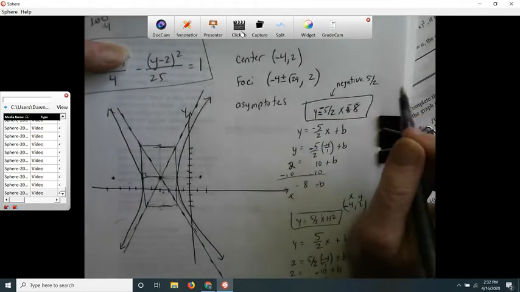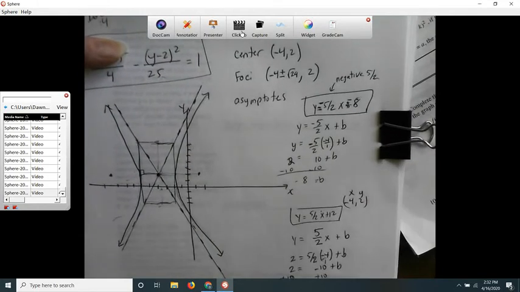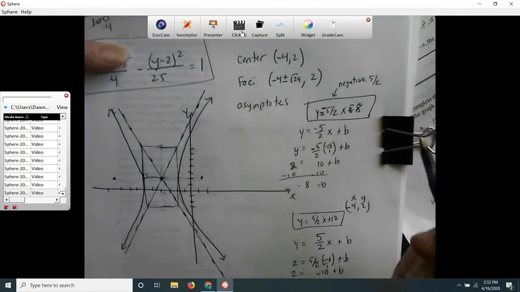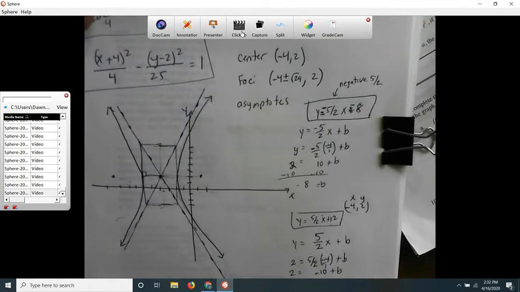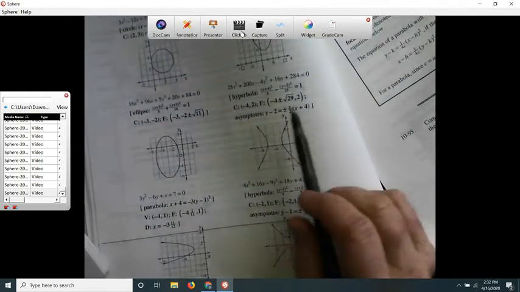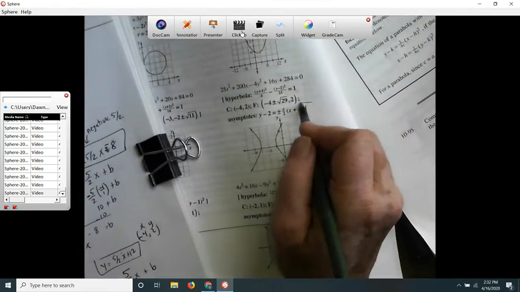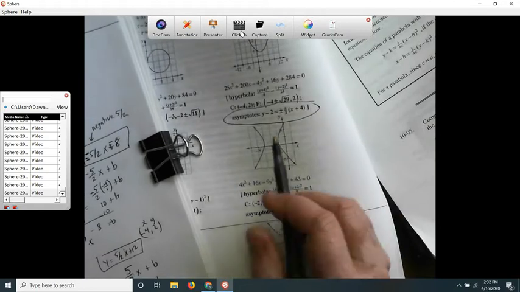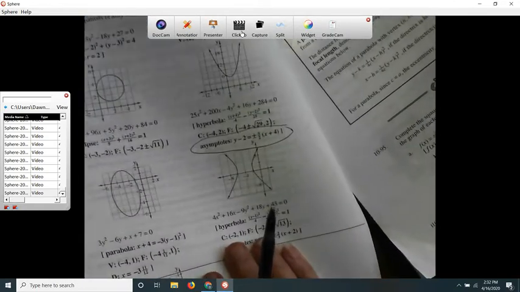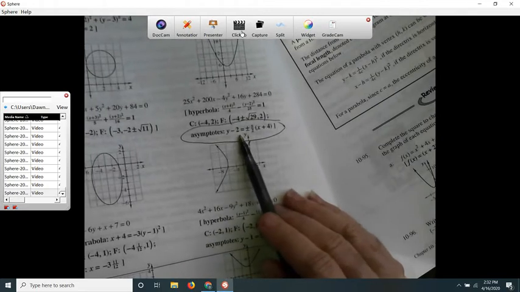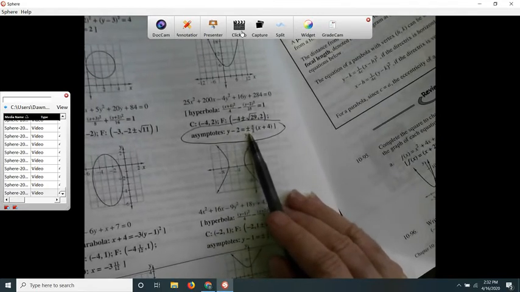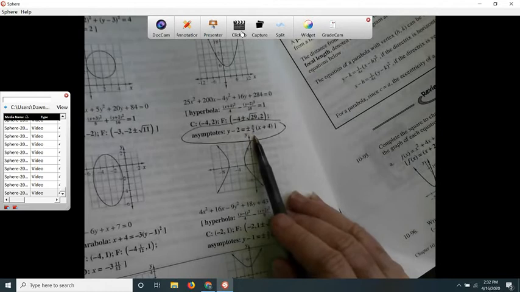And then when I went to look up my answer, I saw that the book gave it as something else. The book gave it as this. They said y minus 2, this is the asymptote, y minus 2 equals plus or minus 5/2 times x minus 4.